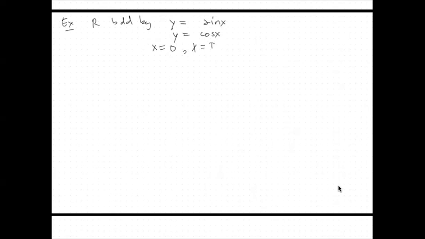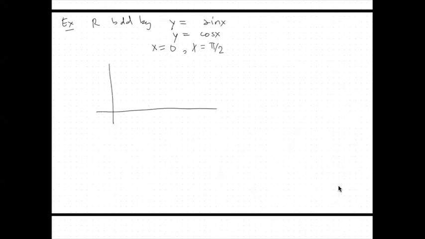Now, sometimes there are curves that intersect within the interval that you're integrating. So suppose your R here is bounded by y equal to sine x, y equal to cos x, and then x equal to 0, x equal to pi over 2.